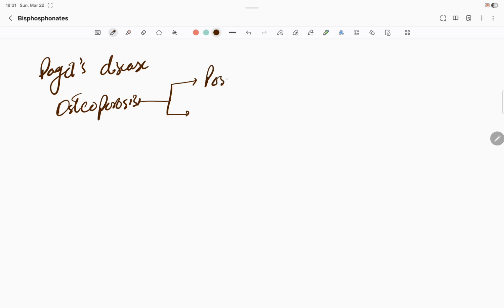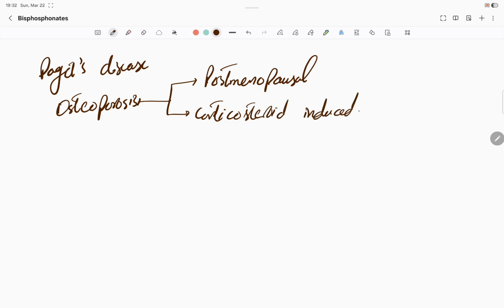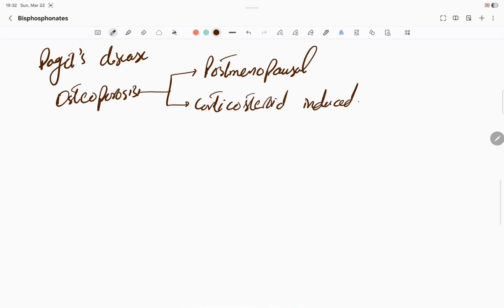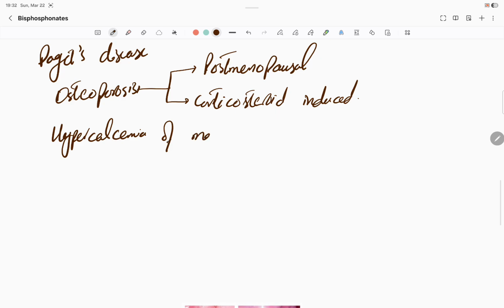Number one is postmenopausal, and the other one is corticosteroid induced, and the third one is hypercalcemia, but hypercalcemia of malignancy.